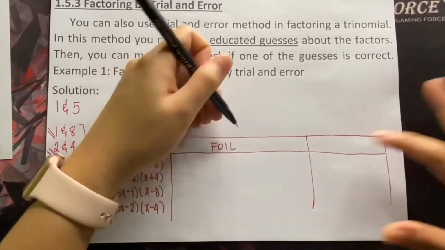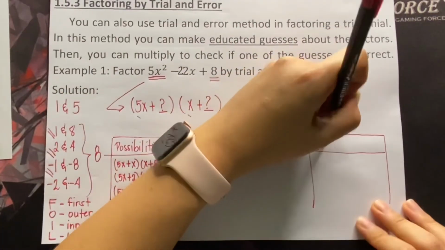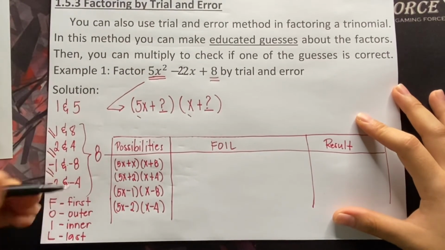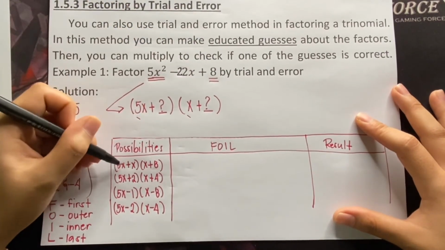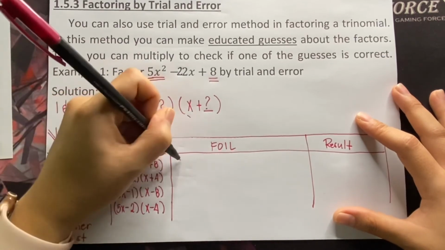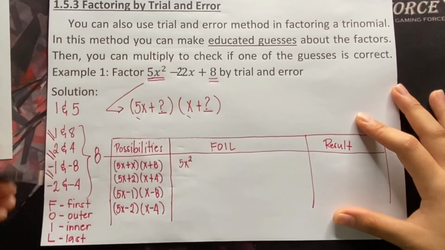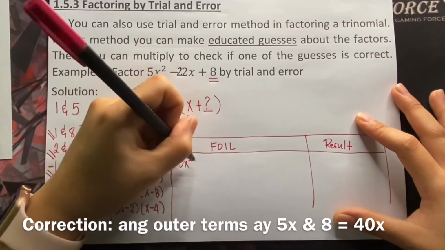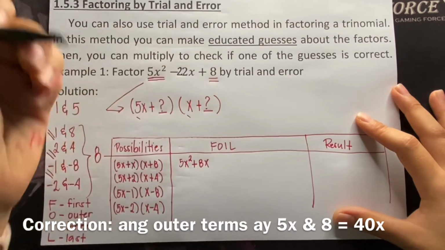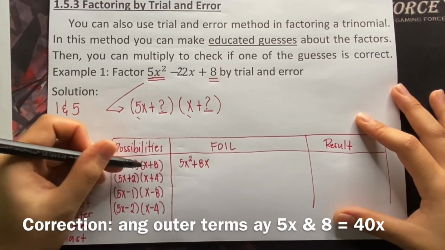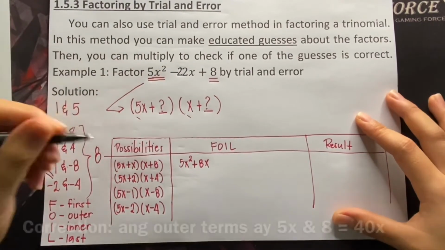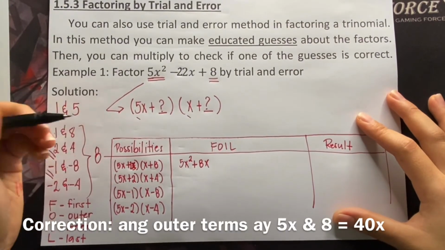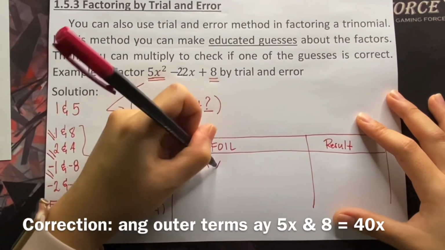So, itong FOIL method. And then the result. First terms. Ang first terms FOIL method ay 5x and x. 5x times x, 5x squared. Outer terms, ang outer terms ay 5x and 8. 5x times 8, 40x. Inner terms, 1 and x. 1 times x is x.